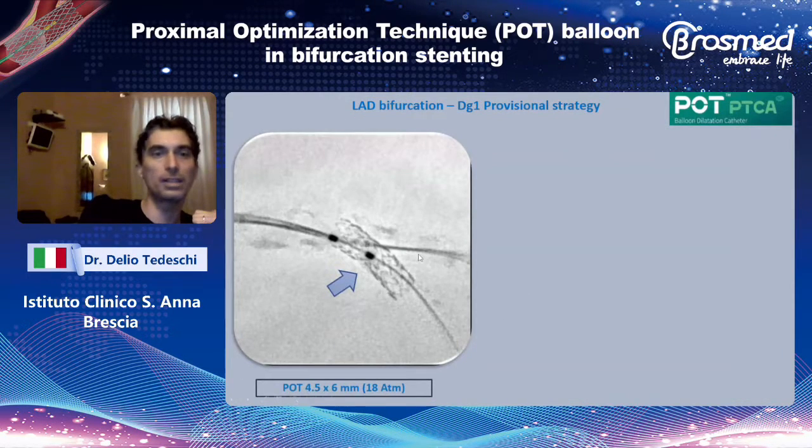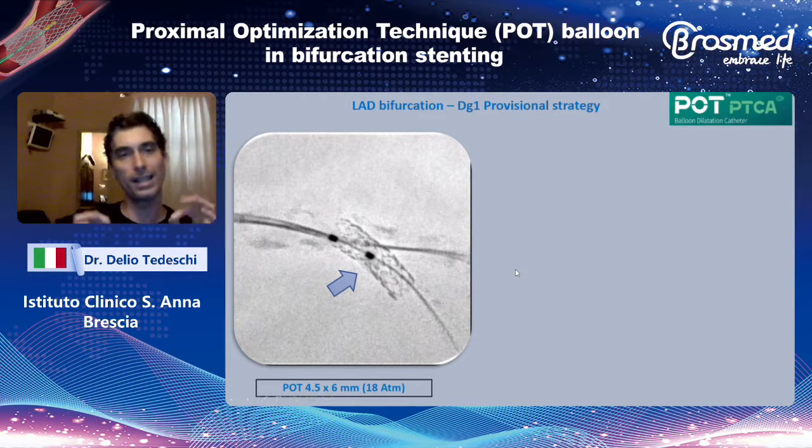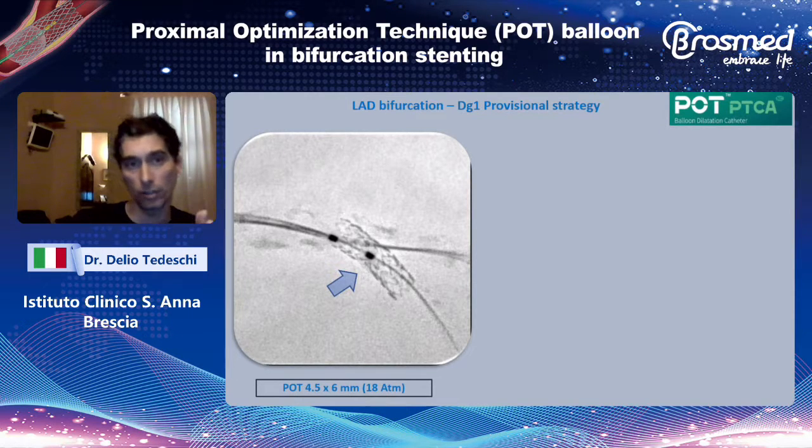So this was the shape of the stent before the POT. We can see here the position of the POT was exactly at the level of the carina, because the POT balloon has a short shoulder, and the length of this balloon was perfect, because the stent was 12 millimeter and the POT was 6 millimeter.